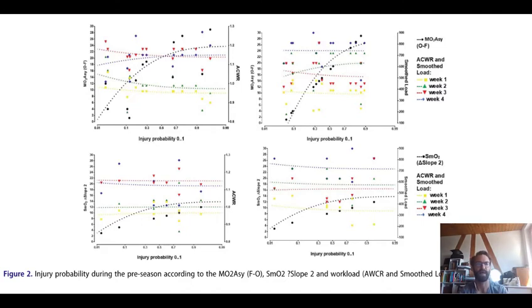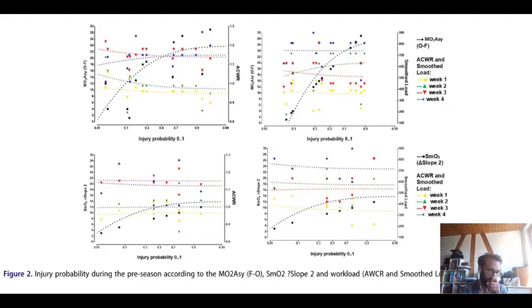So we're looking at the black line in particular. The colored lines are just different weeks of training, and those relate to the workloads they're using, the smooth load or the ACWR. But the black dotted line is the muscle asymmetry, which is relevant for this video. I think that's really useful.